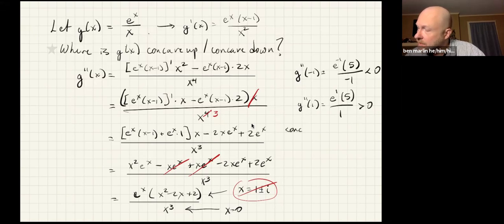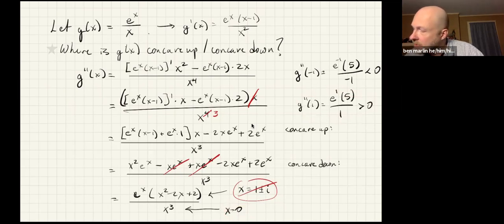So we have to say where it is concave up and where it is concave down. The concave up is going to be the place that the second derivative is positive, so the interval that included x equals +1, to the right of x equals 0.